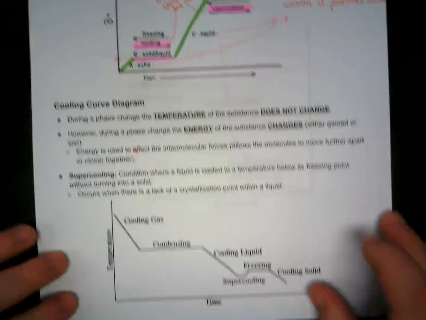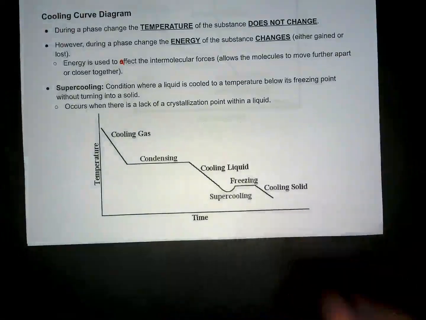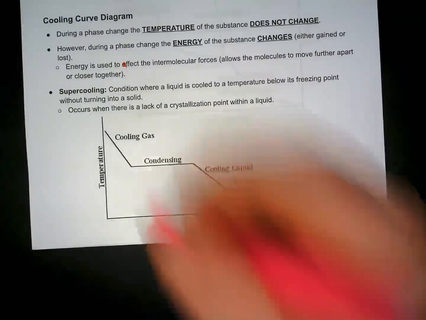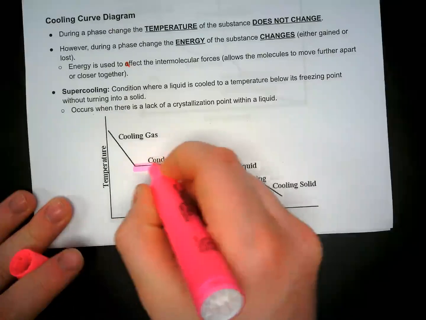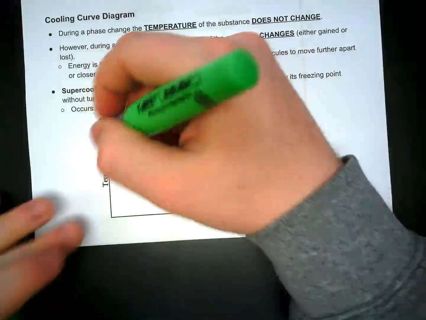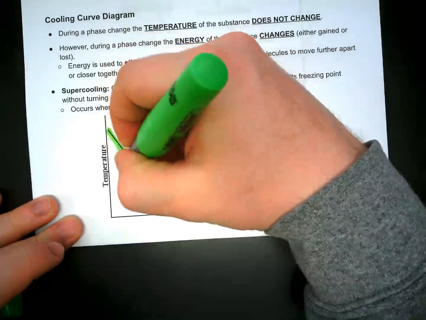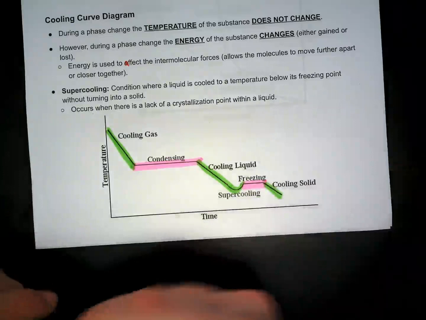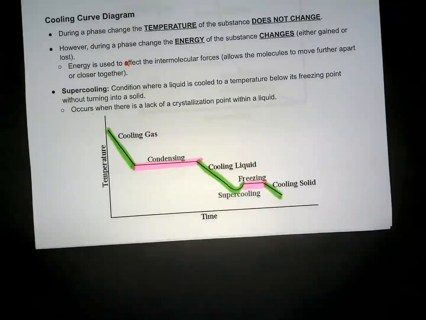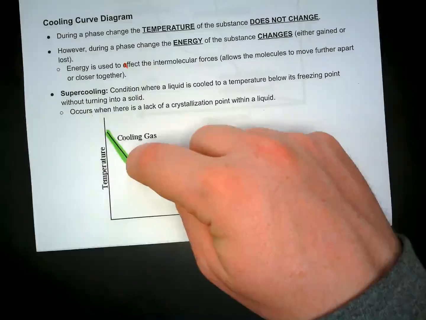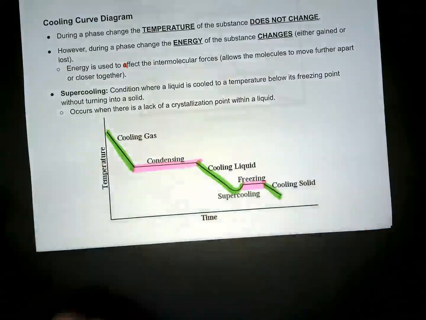Okay. And again, we see basically the same thing with the cooling down here. The only difference is just a couple of things. We still see that the temperature stays the same when we are going through phase changes, at whatever temperature it's supposed to reach. And when the substance is cooling, when the energy is being released, when it's losing energy, we see that happening up until the phase changes.